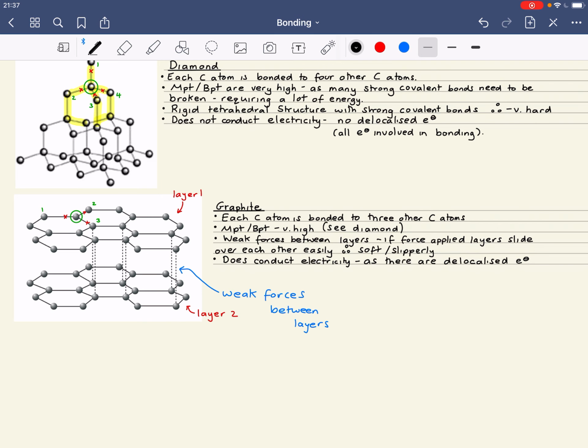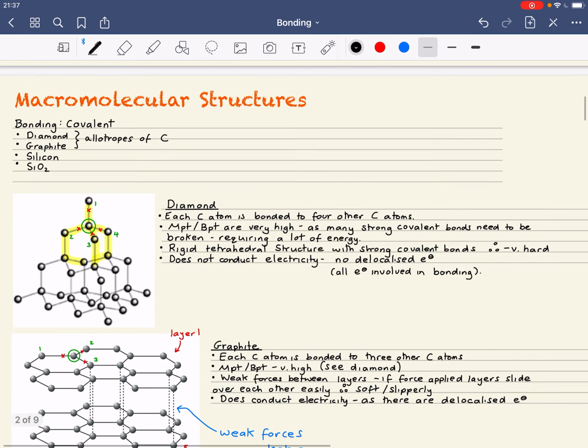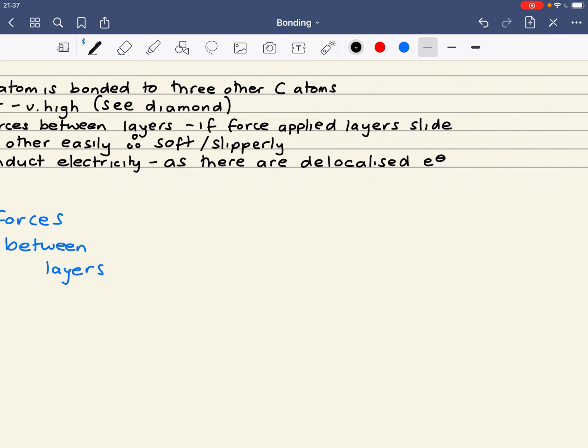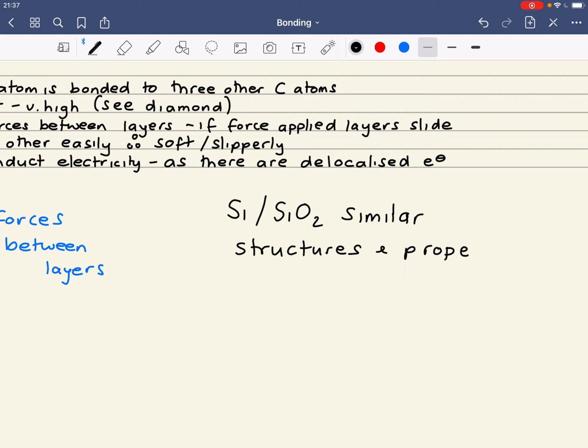Now, I would say that silicon and sand, which we've mentioned here, have very similar structures and properties to diamond.